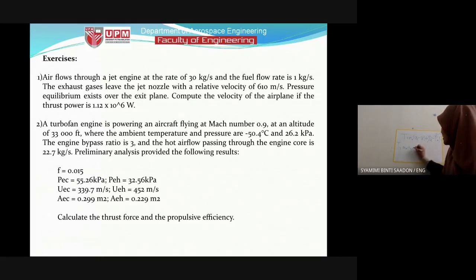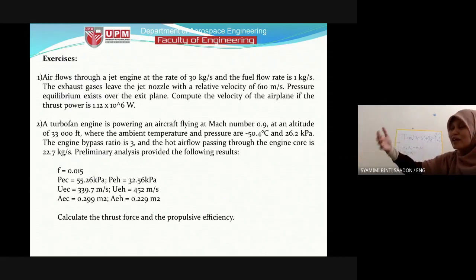So the thrust force is like a momentum equation: you have the mass flow rate at the exit times the velocity at the exit, minus the mass flow rate at the inlet, which is the air mass flow rate, times the air speed U. From the conservation of mass, ME at the exit is actually MA plus MF, the fuel mass flow rate.